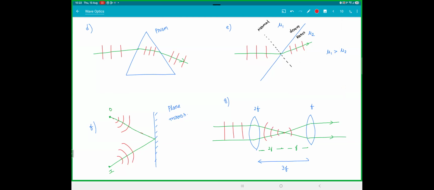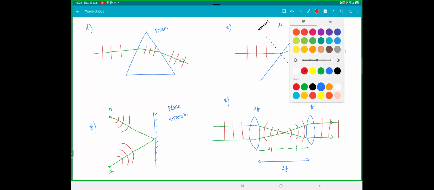They'll meet here and then again they'll diverge and then they'll become parallel again. Look at the lens equation. It is a good one. That is how the wavefronts will behave. Plane will come, they'll converge, they'll diverge, and they'll become plane again. But diffraction we'll see later on.